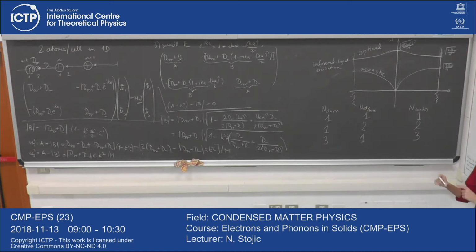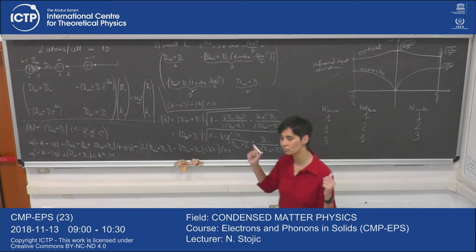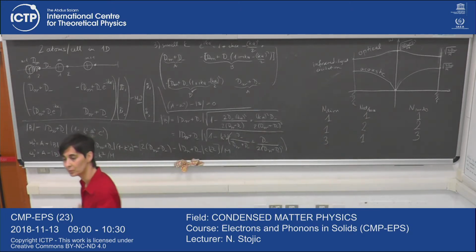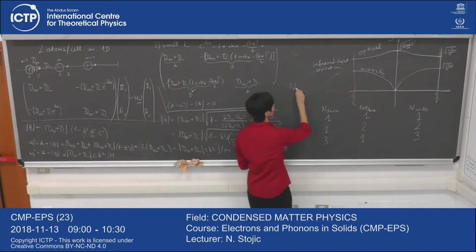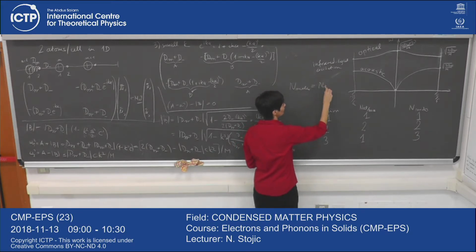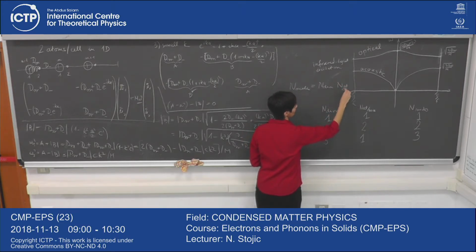It will be more clear in a second when I discuss the displacement. So what am I concluding? The number of modes, we don't have enough cases that you can conclude it yourself. That the number of modes actually corresponds to the number of degrees of freedom in the system. So, number of modes total is equal to number of dimensions times number of atoms in base.